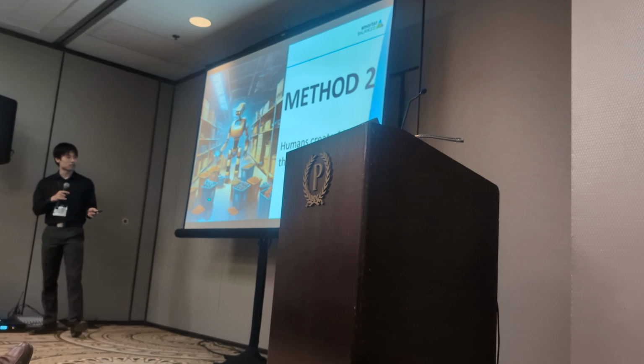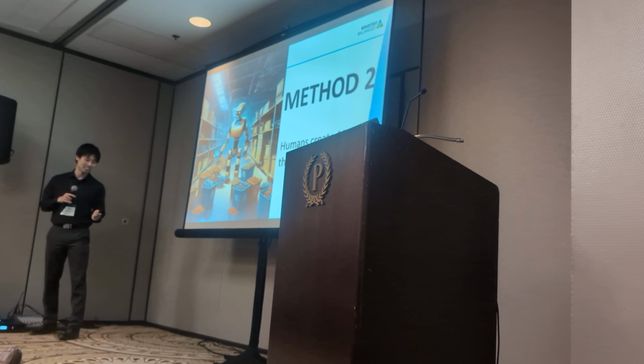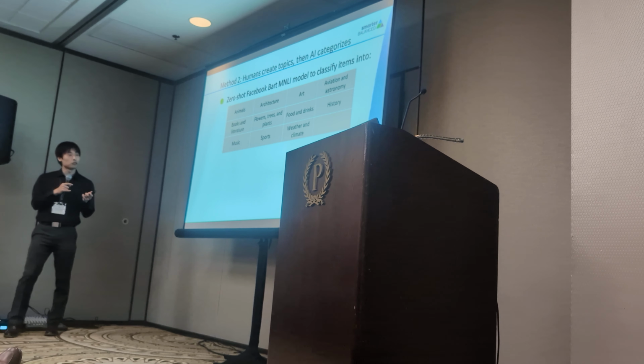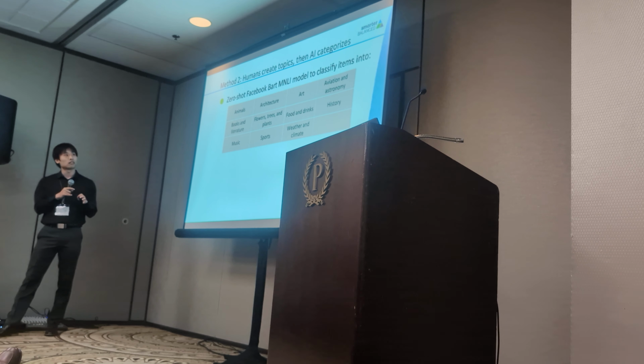So I like this picture because if you count these buckets, there's actually 11 buckets. So the robot is sorting these rocks into these 11 buckets. That's the idea. The model we used was called the zero-shot Facebook BART MNLI model. It's a classification model.